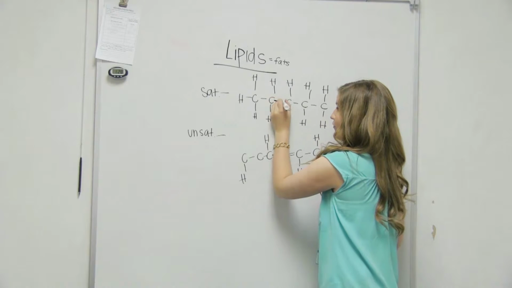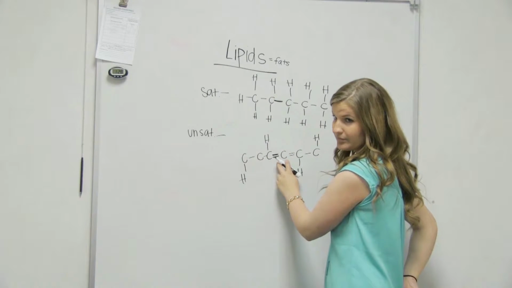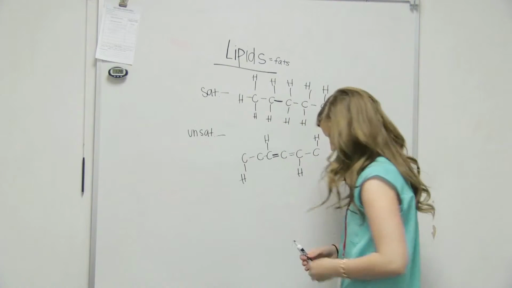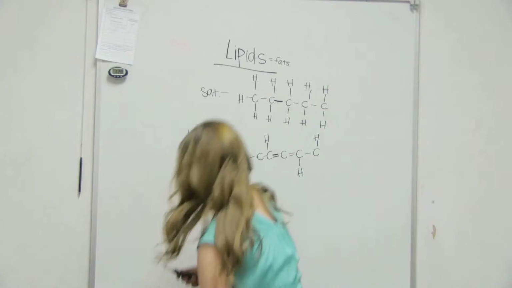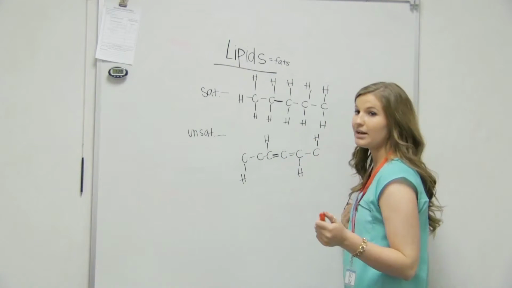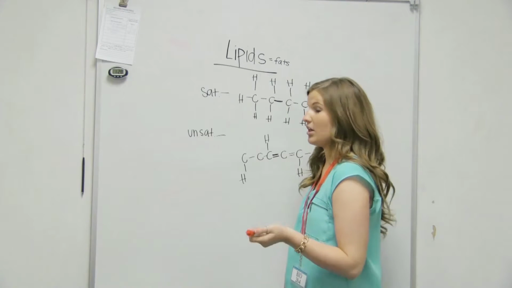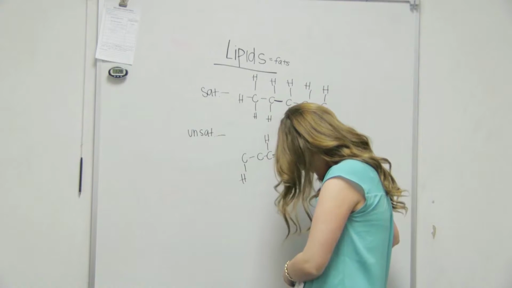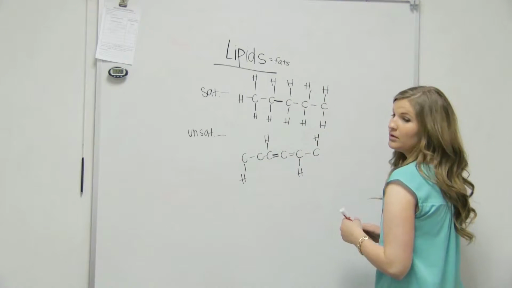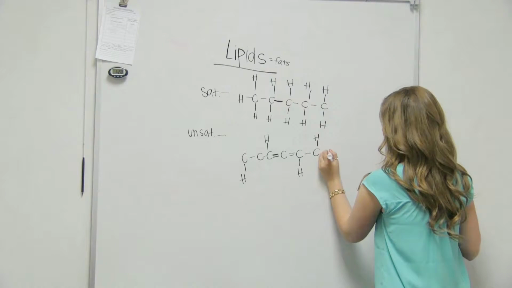Whereas up here, we always just have one line representing a bond, here we can have double bonds. One of these is going to be liquid at room temperature, and the other one is going to be a solid at room temperature. Unsaturated is liquid? Yeah. Perfect.